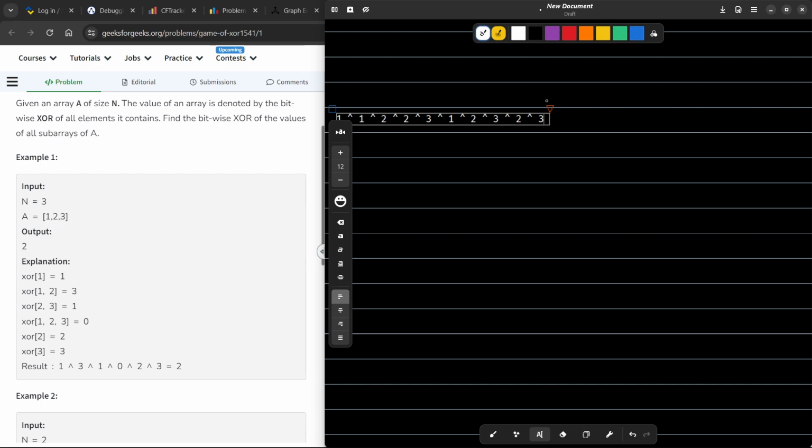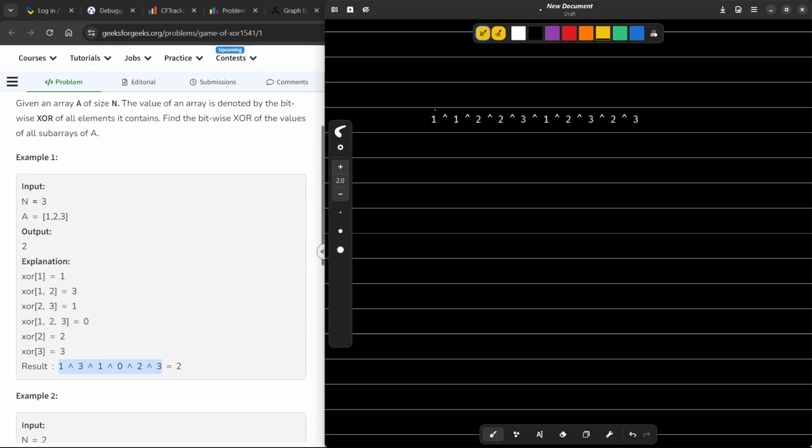What they were essentially doing is calculating the XOR of the subarrays first, and then taking all of these values and doing the XOR again. But you can also just write down all the subarrays and take the XOR together.